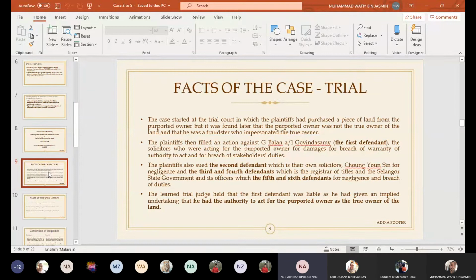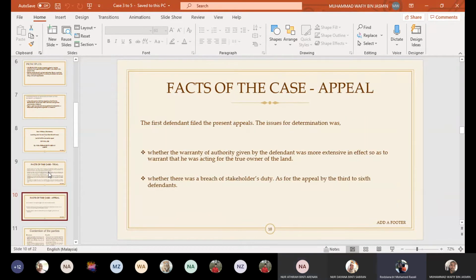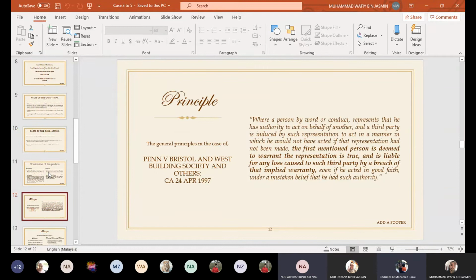If there is a breach of warranty of authority, he is made liable if his act as an agent induced the third party, and he is also liable for the loss of the third party who was induced by his warranty of authority. Okay, that's all. In this case, the counsel was not liable on the basis of the principle of warranty of authority to act. Warranty of authority.